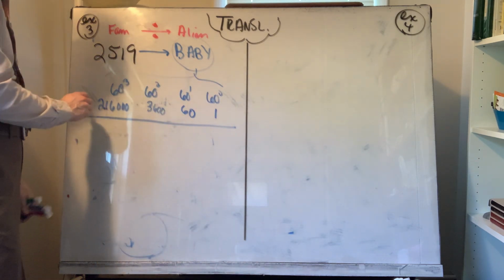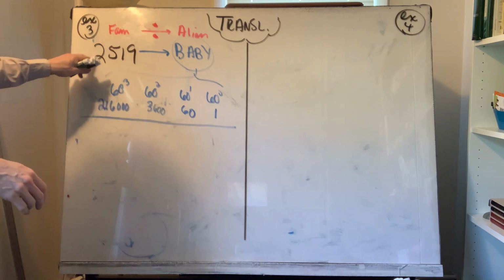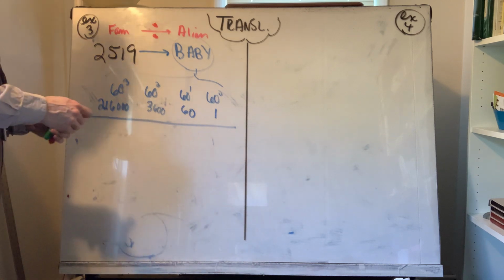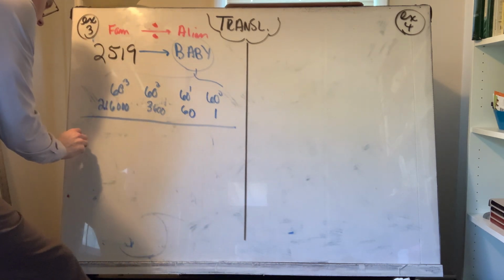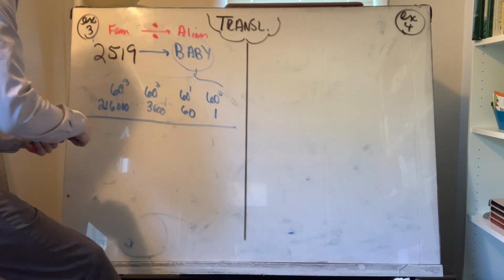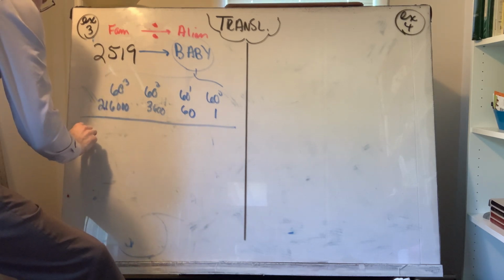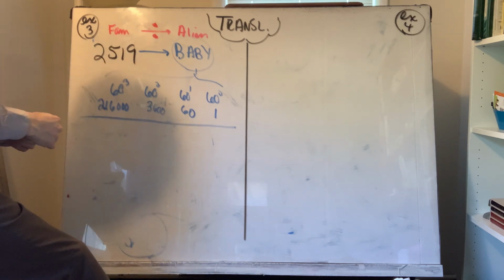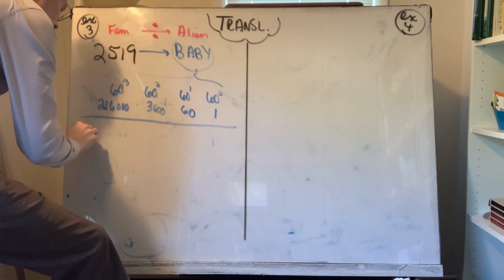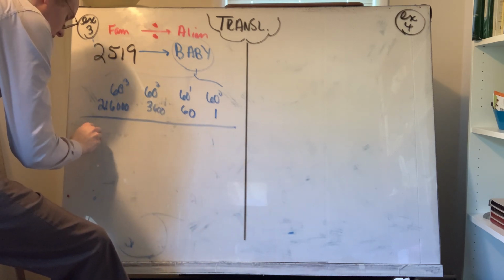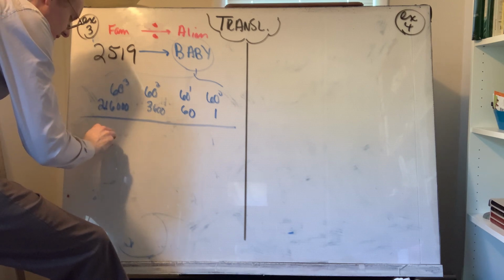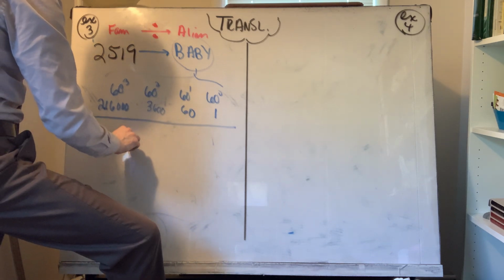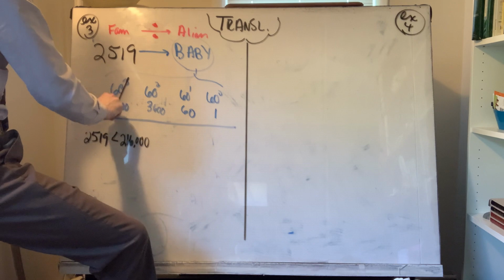I am now going to compare this number to these established position values. 2,519 is what compared to this? It's less than 216,000, so we can't use that.